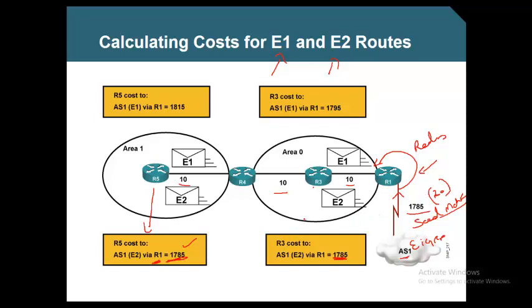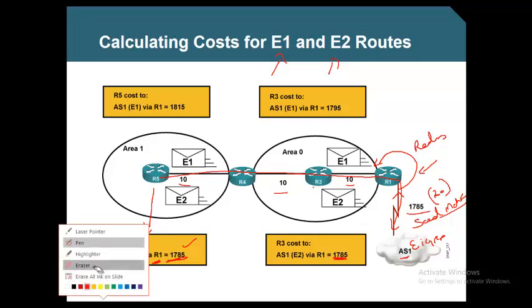There is no path cost added. Why? Because whether you calculate the cost or not, even if you don't calculate, no problem. This is the only exit to go out. Why would you want to calculate the cost?